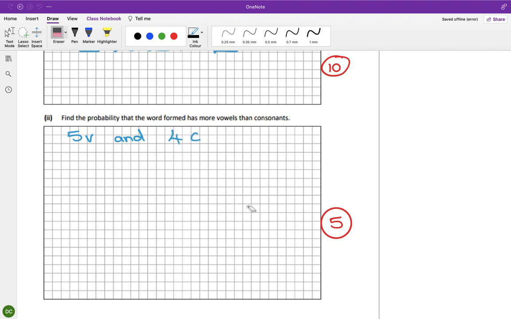So for more vowels than consonants in my 5-letter word, I would need 5 vowels and no consonants, or I'd need 4 vowels and 1 consonant, or I need 3 vowels and 2 consonants. And if I go any further, then I'll have more consonants than vowels, so that doesn't work.